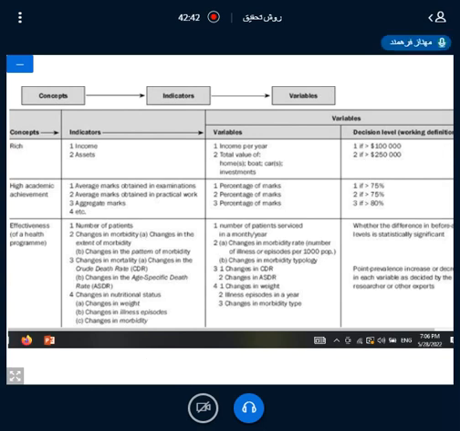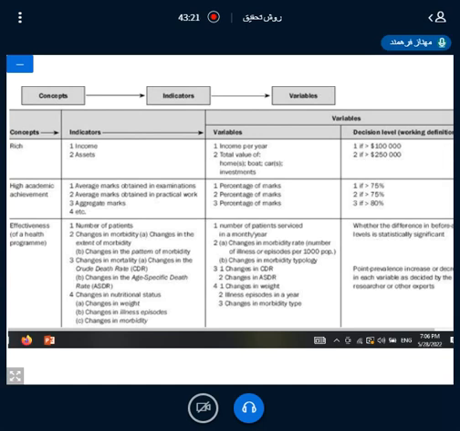Okay, and now we are going to study this PowerPoint. I'm going to make it bigger for you. In this table, you can see concepts, indicators, and variables, and the relationship between these three important factors.